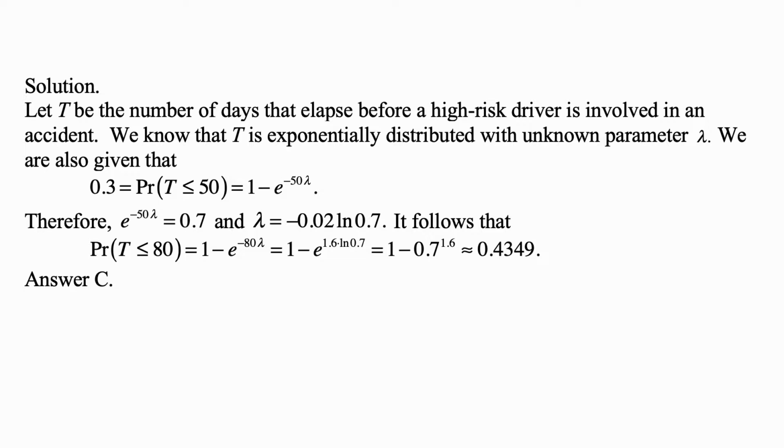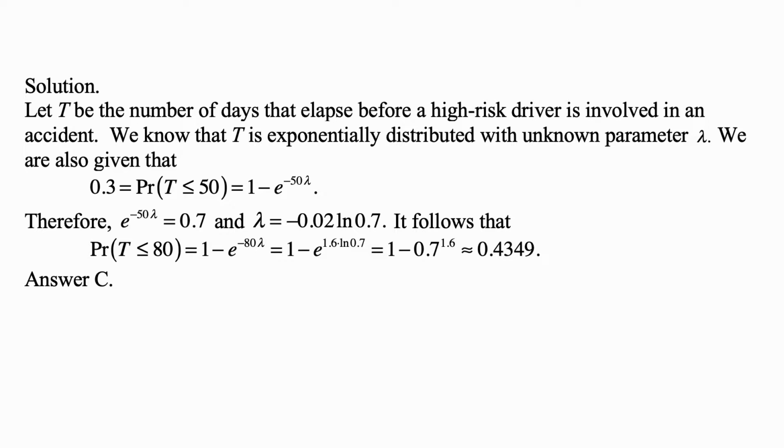But based on what we know about the exponential distribution, that probability that T is less than or equal to 50, which is the cumulative distribution function of the exponential distribution, is 1 minus e to the minus 50 times lambda, the parameter, the hazard rate of the distribution. And then, therefore, e to the minus 50 lambda is 0.7.